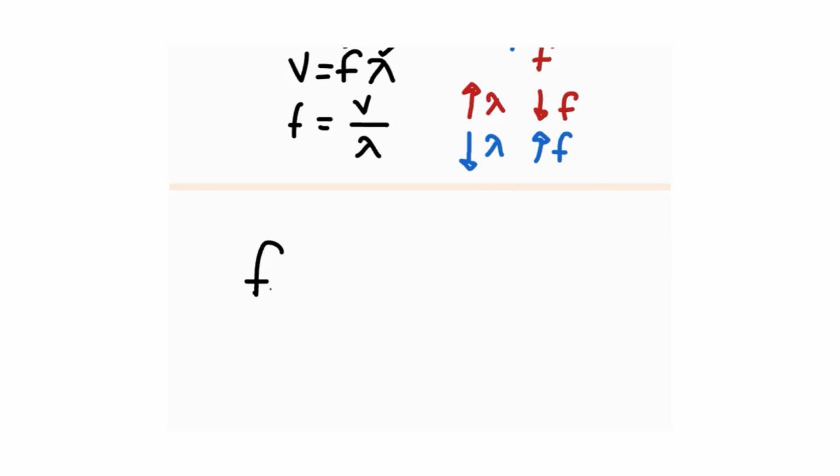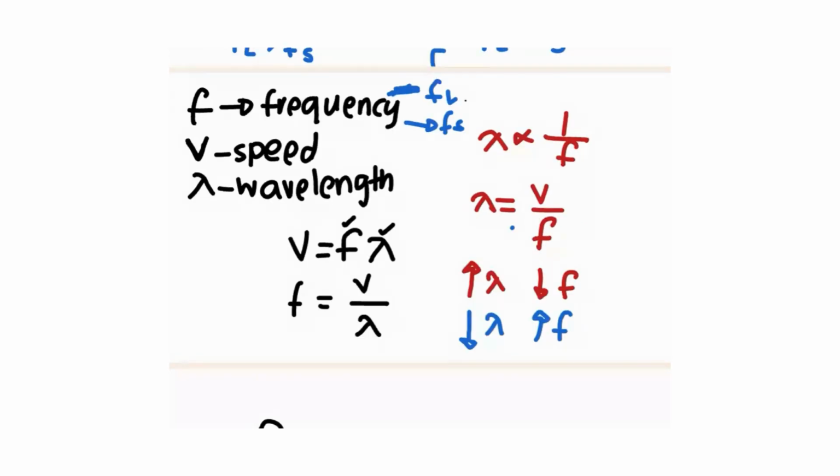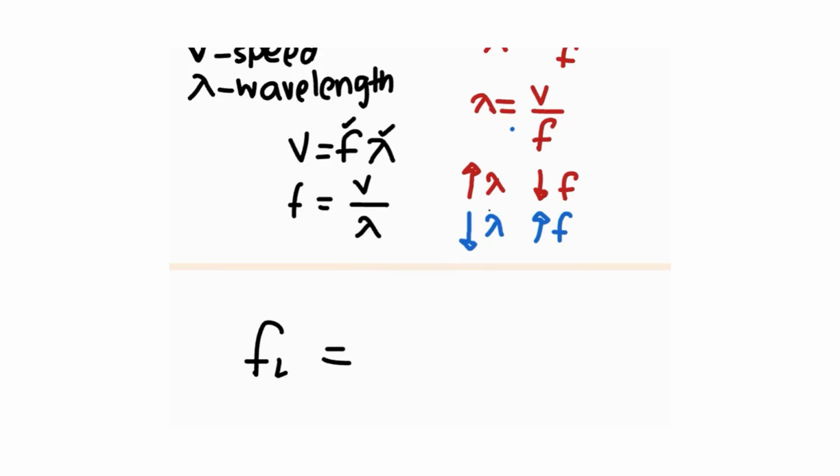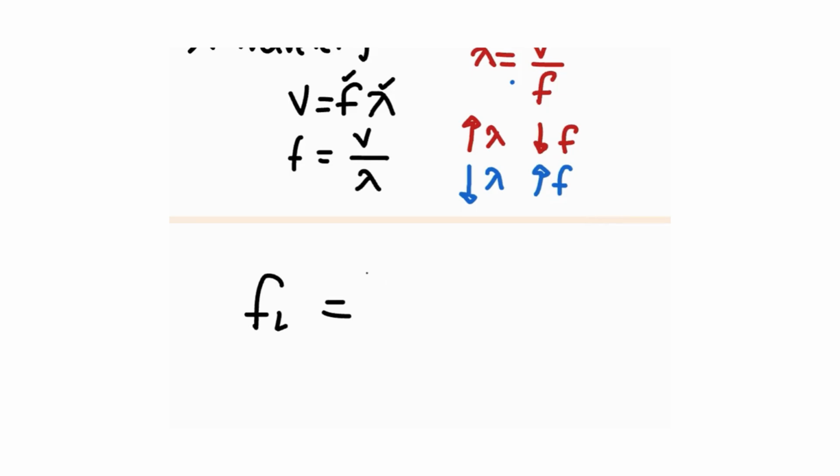So that is f_L, frequency of the listener. Remember guys, I did introduce frequency of the listener and frequency of the source up there. So the Doppler effect equation says the frequency of the listener is equal to V. This V represents the velocity of the sound, or the speed. I don't know why I keep on saying velocity, because it's a scalar. Now we use speed.